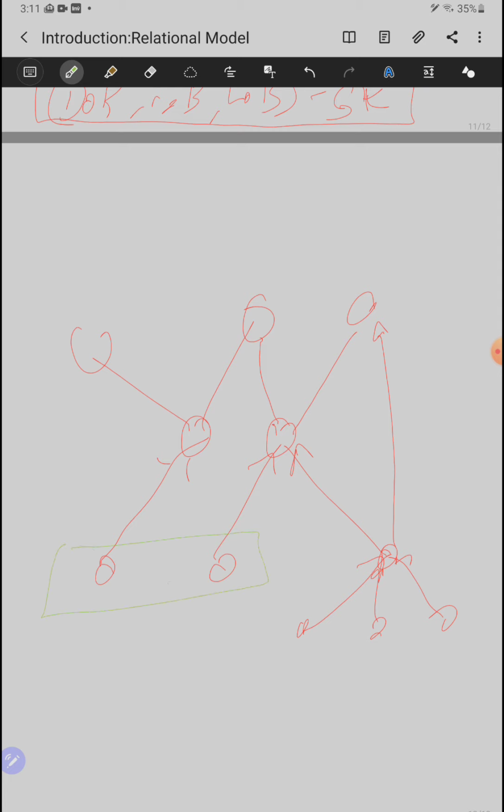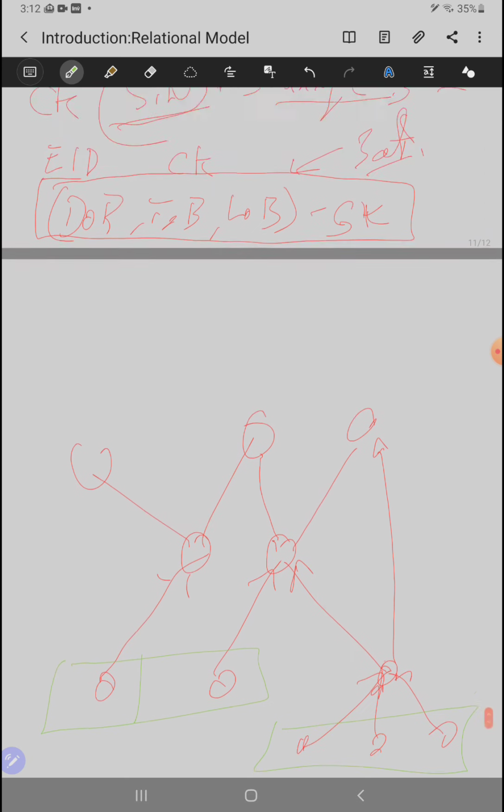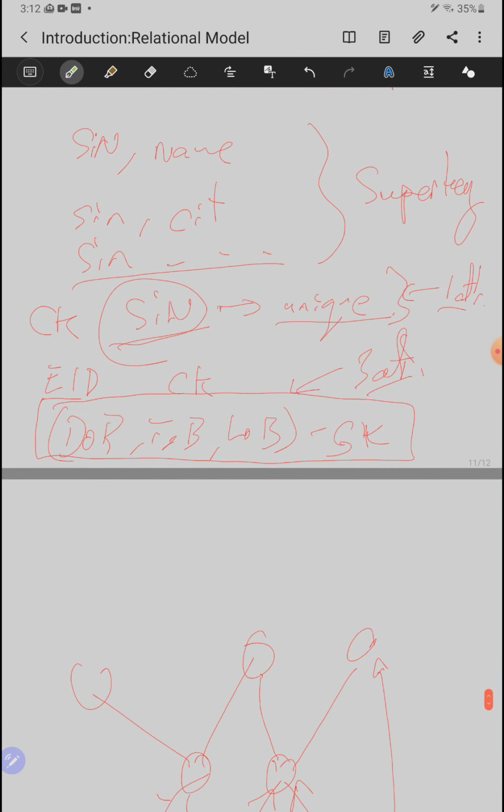These are least elements in the graph. Actually, they're separately least elements, but so are these. Any one of them is least element within a graph. There is no element less than it. There's more than one. It's the same as this situation here. The fact that these are single attributes doesn't mean this multi-attribute collection is not a candidate key.